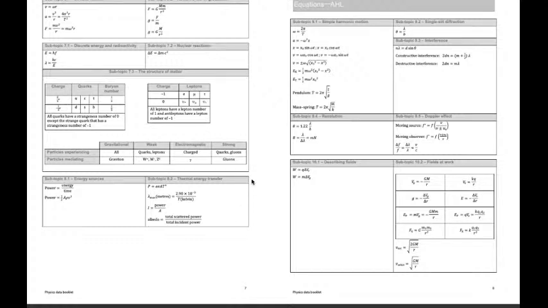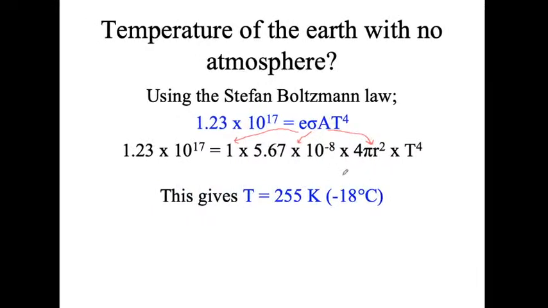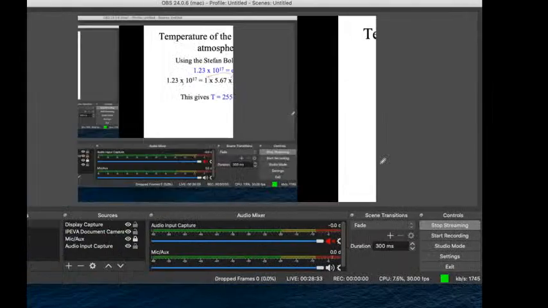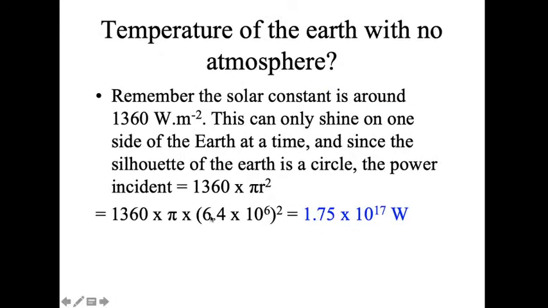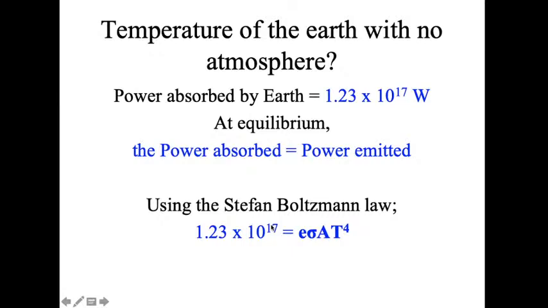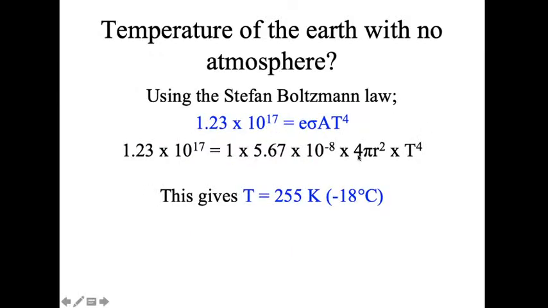Maybe needs some updating. All right, so that's our area of the Earth, 4 pi r squared, where the radius is 6.4 times 10 to the 6, times the temperature to the power of 4.